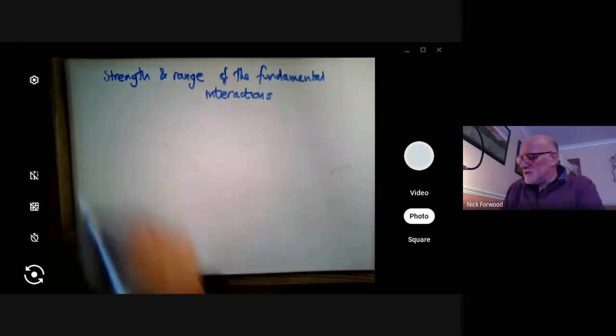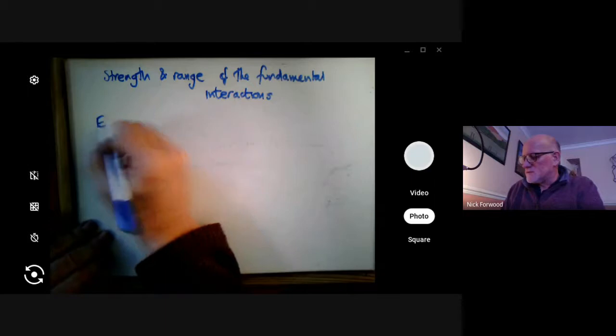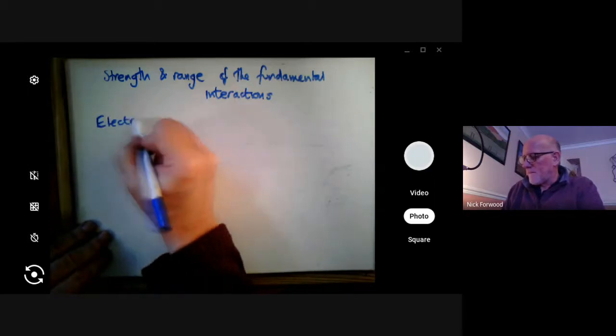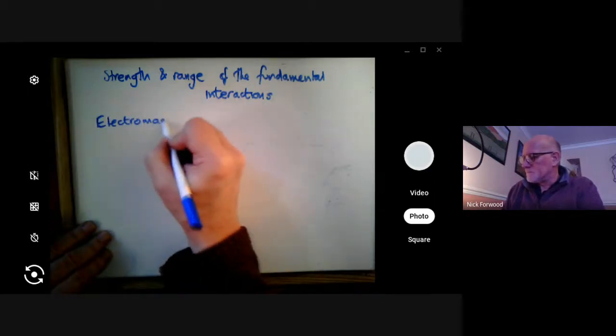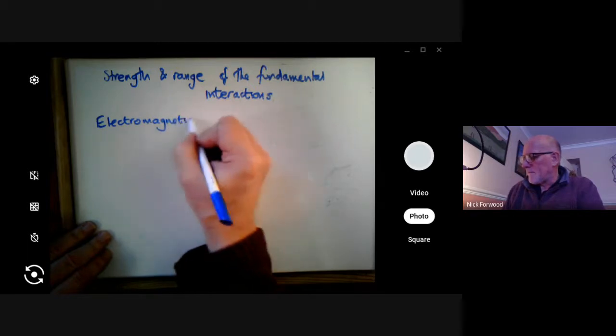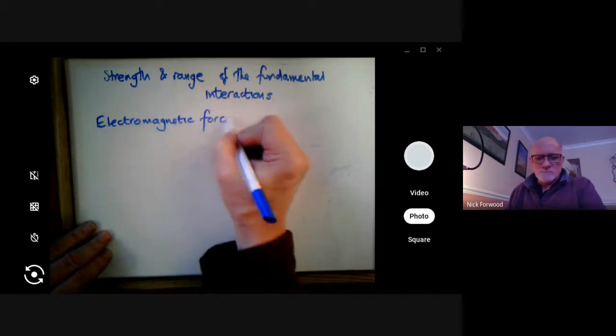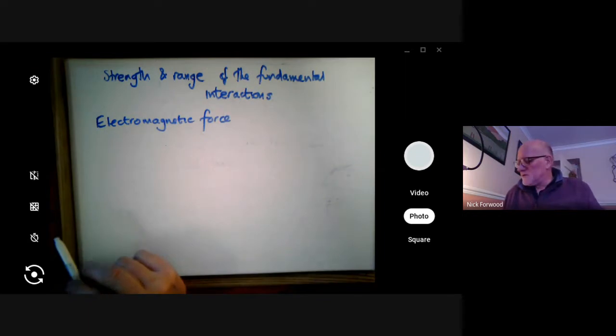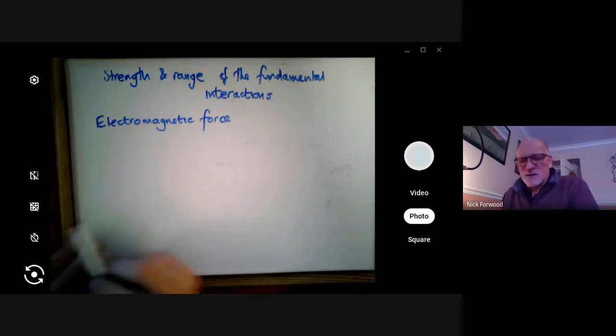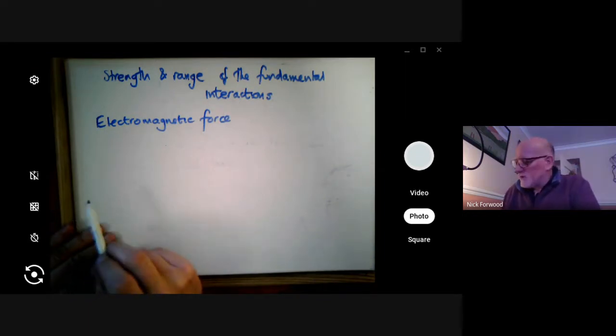The next one is the electromagnetic force. And what this does is it affects all electrically charged particles.